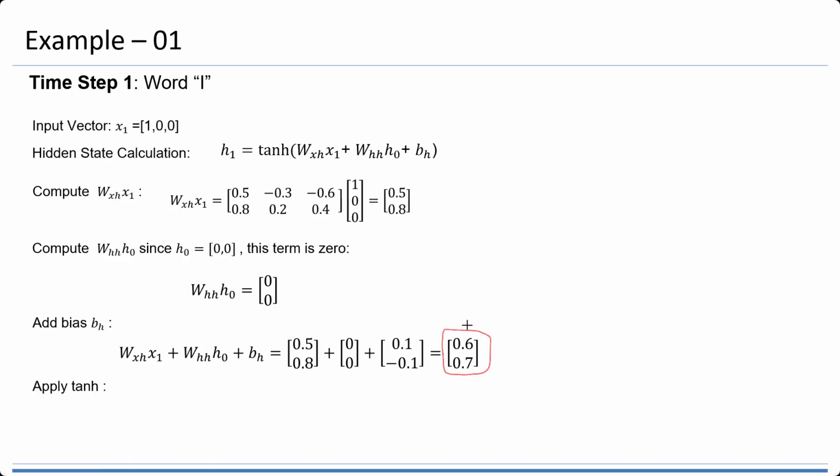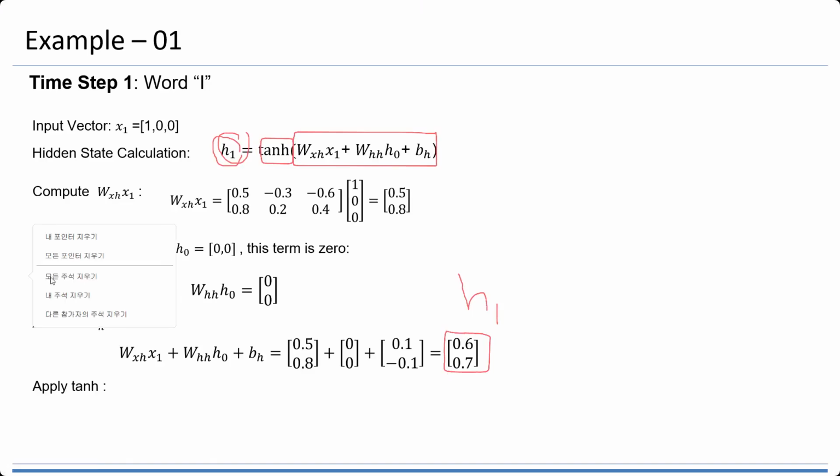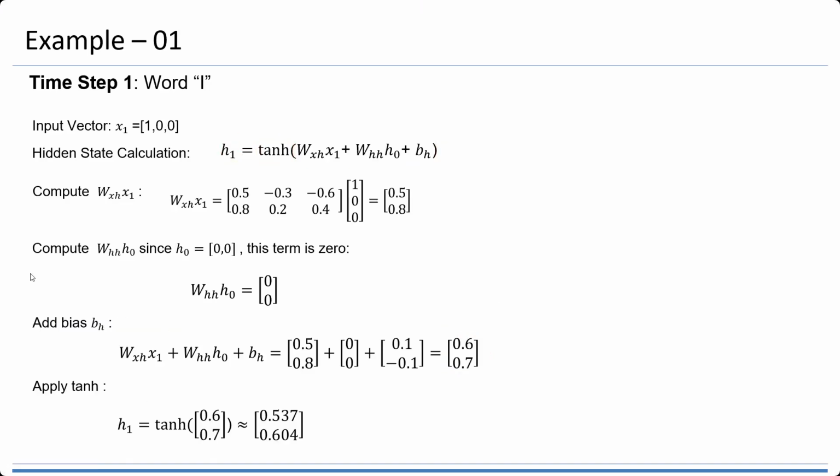This is the new value, the new h1 after we do this calculation. But in order to get the h1, we need to apply the tanh. So after we apply the tanh, we got this one. This is the new h1.